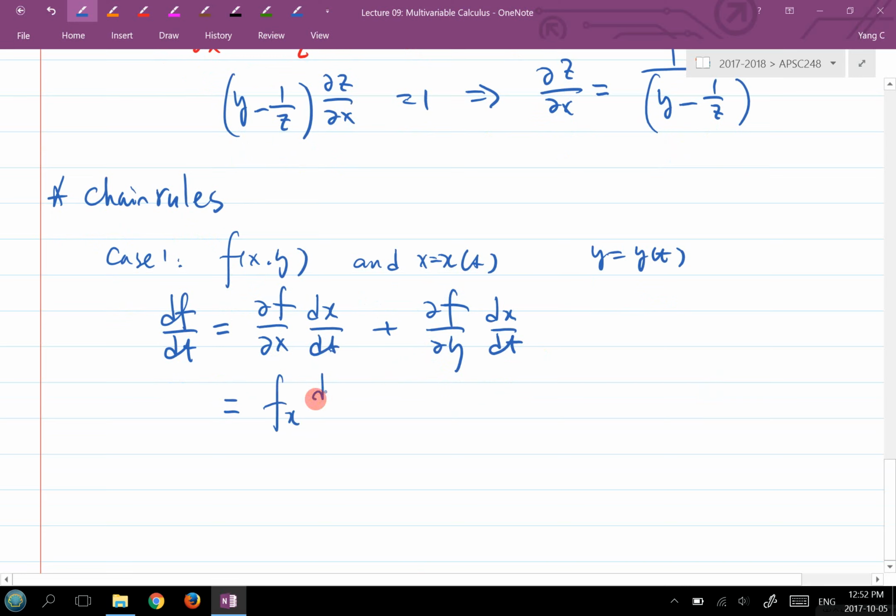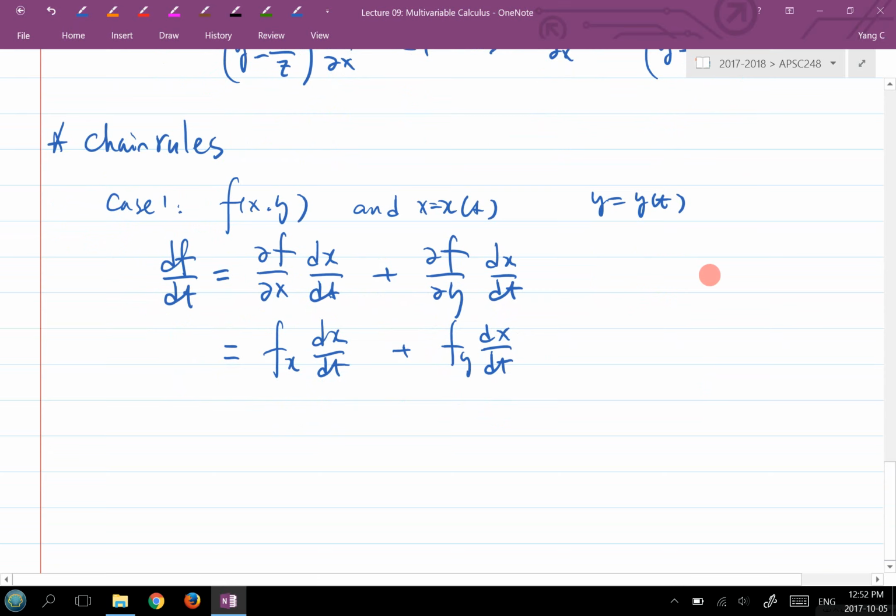An alternative way of writing is just like this, and I'm going to use this expression shortly for teaching gradient vectors. If you have a function of 3 variables, all you need to do is add a term at the end.